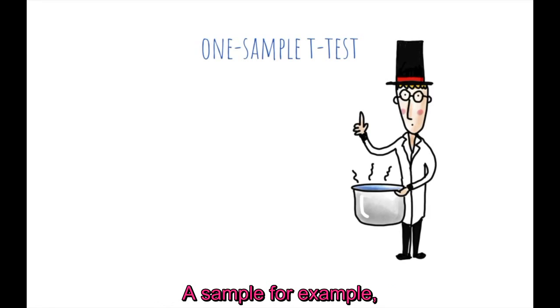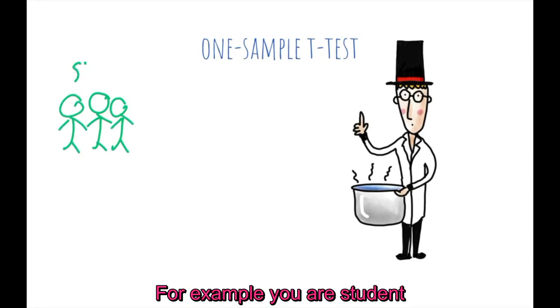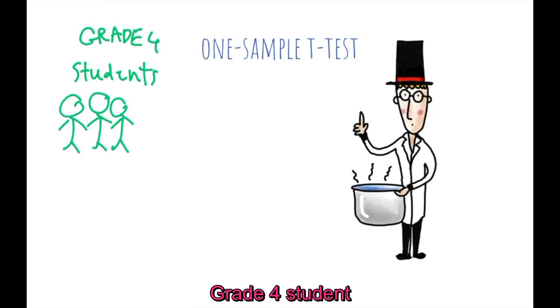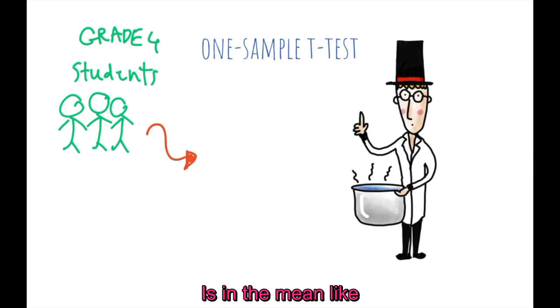Okay, let me give you an example. For example, you're a student. You want to know the grade for students. You want to know whether their GPA mean is like 2.9 or not.